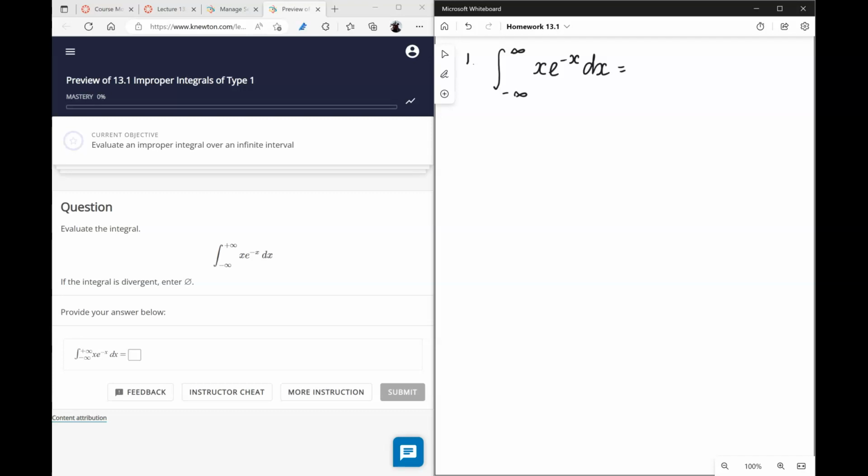To do that, we have to pick a value. Normally we pick some nice value. When there is no preference, we can probably just go with 0 as a rule of thumb. Here I'm going to separate this integral into two.